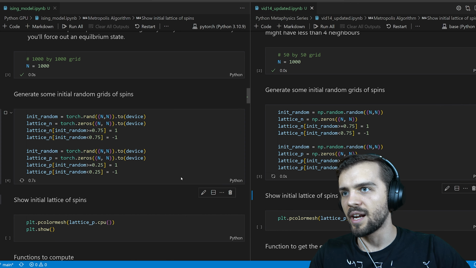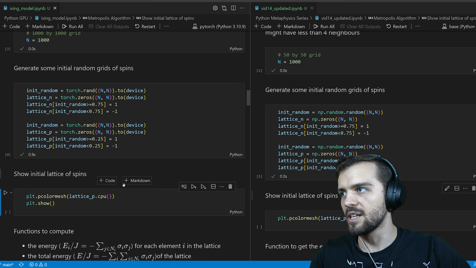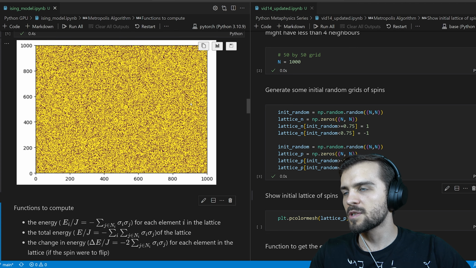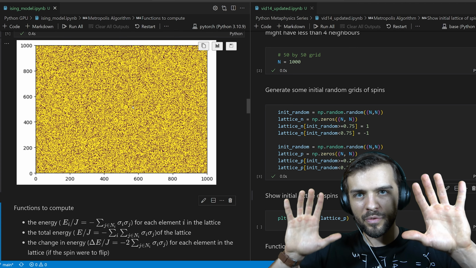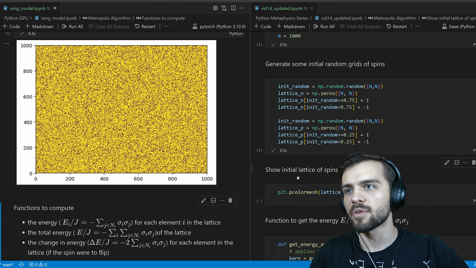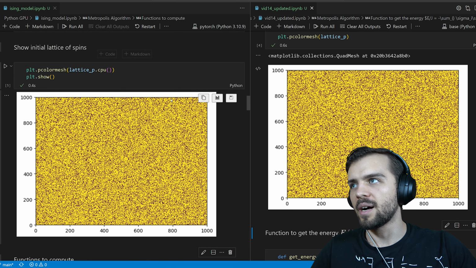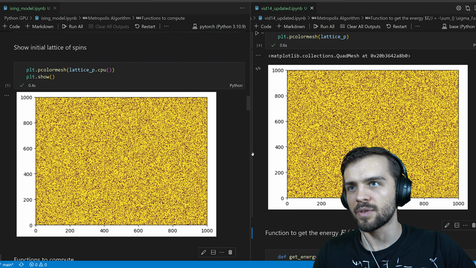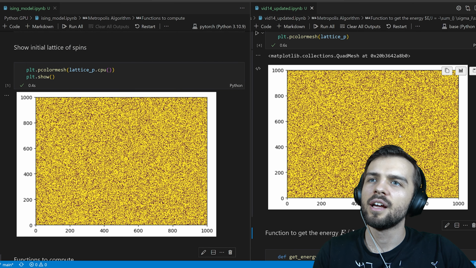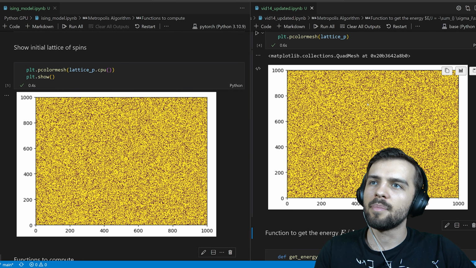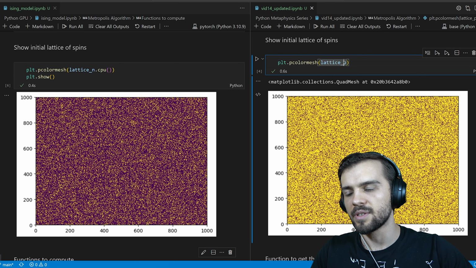Once I do that, I can plot it in each case. This is my grid of 1,000 different atoms on a grid here in 2D. They're going to be slightly different for NumPy and Torch, obviously, since these are different random realizations. But most of these start off as positive, and in this one most of them start off as negative.